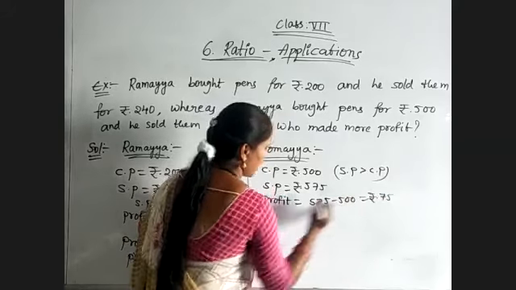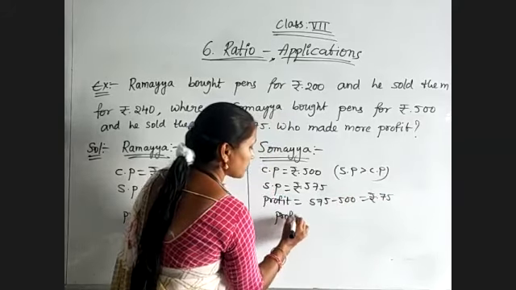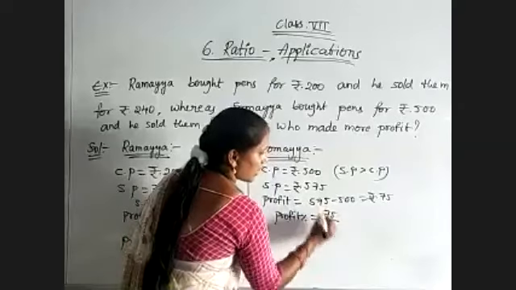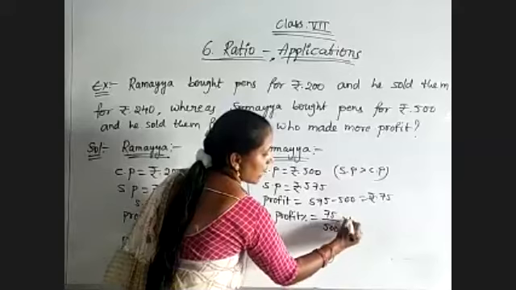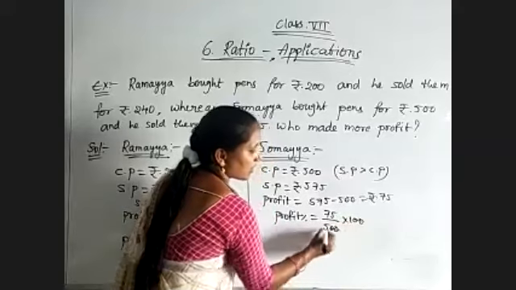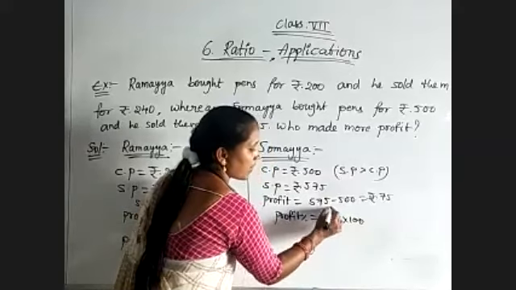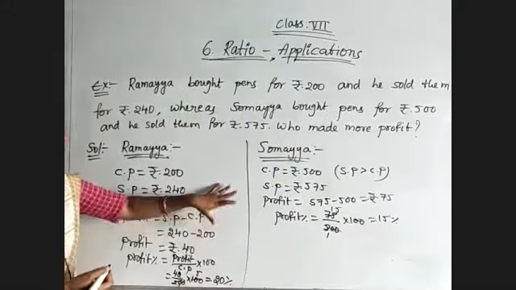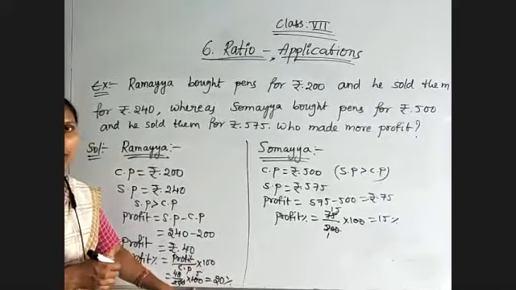Then profit percentage will be equal to profit by CP into 100. Two zeros will get cancelled. 5 ones are 5, 5 threes are 15, which is equal to 15%. Now observe who is getting more profit percent. Ramaya.